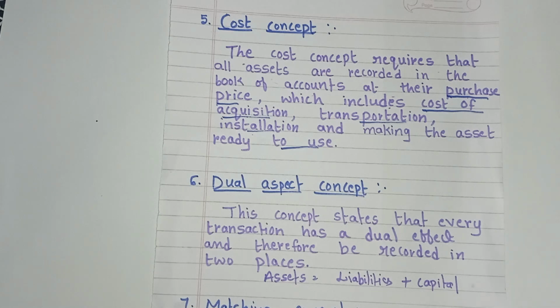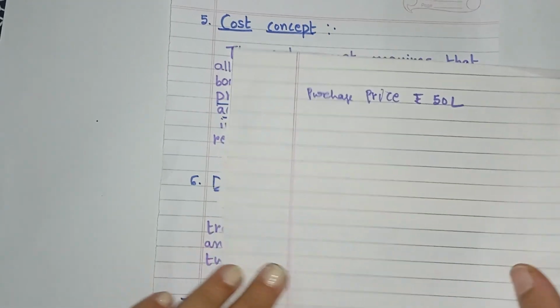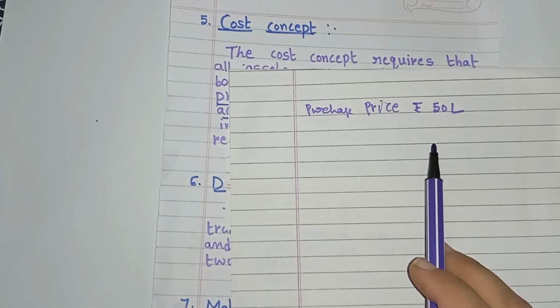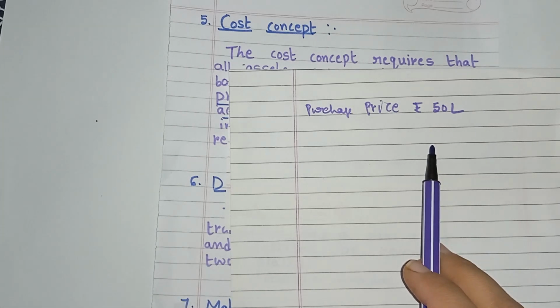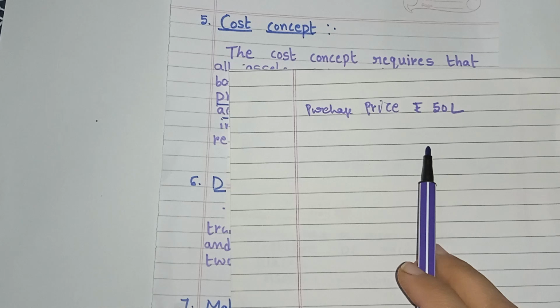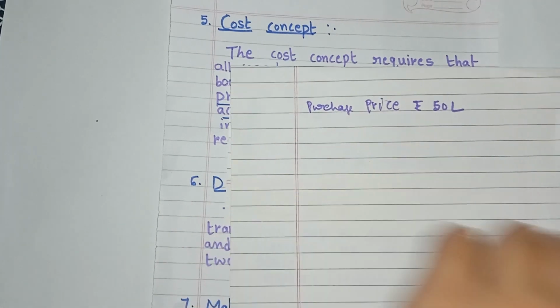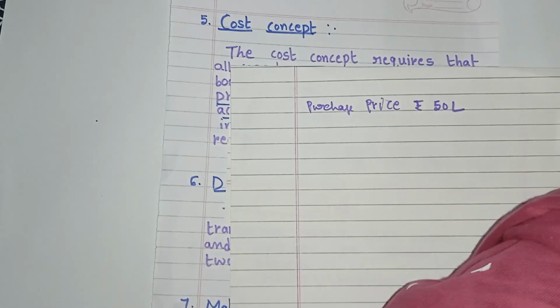Here we will take that we purchased an old plant for rupees 50 lakh. So the purchase price is rupees 50 lakh, in a business of, like, manufacturing detergent powder.